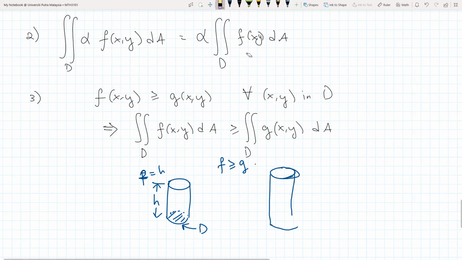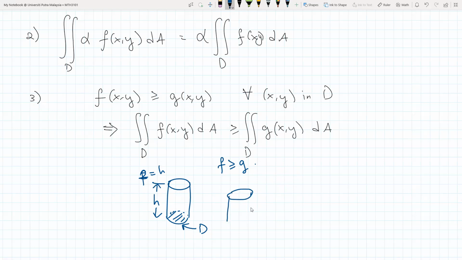Okay, let's say G is smaller, maksudnya G smaller than F, tapi dia punya D adalah sama, so this is G, height G. So obviously, dia punya volume of F is bigger or equal than volume of G. So ini maksudnya.